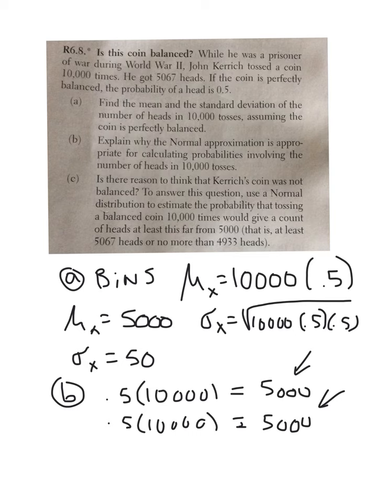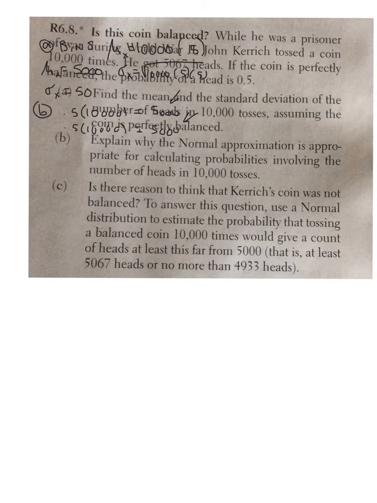Okay, let's see. So yes, they ask us in letter C the probability of him getting 5,067 heads. Okay, so of course he could go the other way. So because of that number in either direction, but let's just do the z-score.